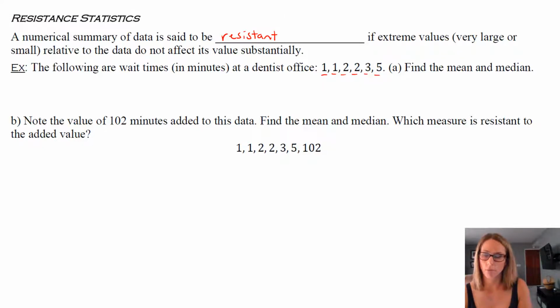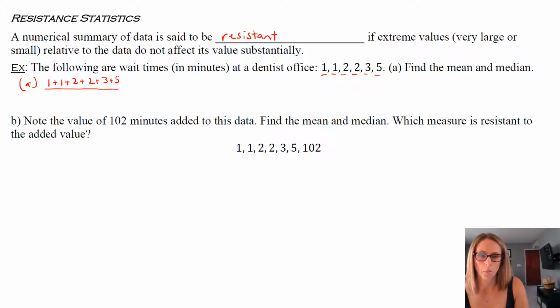If you know how to do this, pause it and see if you can find the mean and the median. Four, 5, 6, 7, 8, 9, 14 divided by 6.